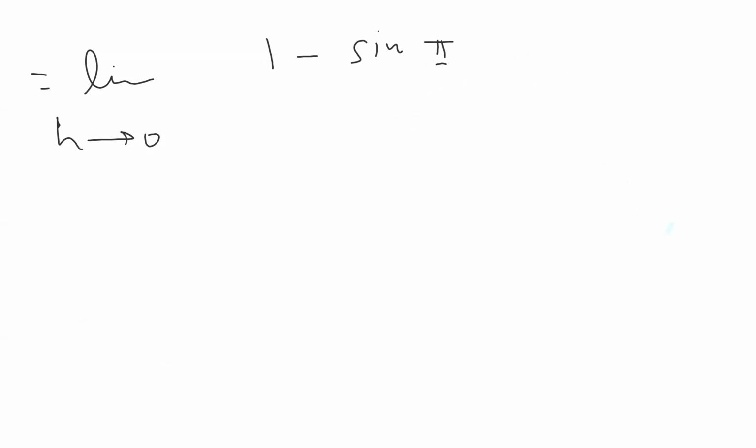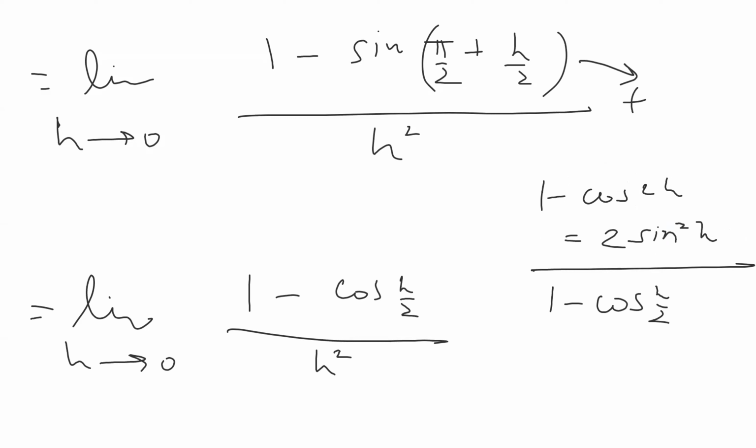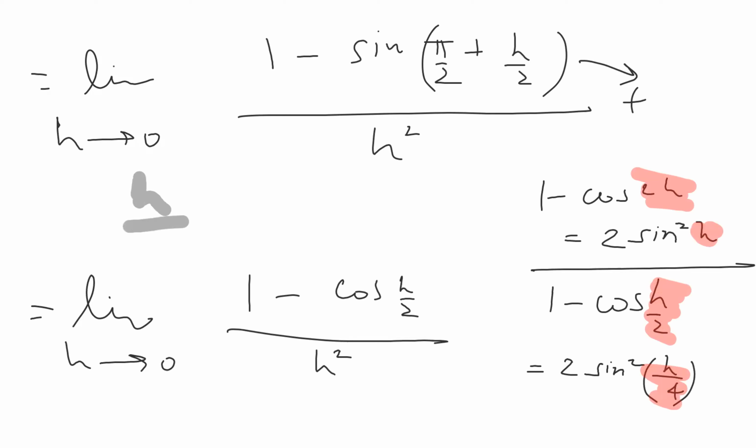Okay, now 1 minus cos 2h is equal to 2 sine square h. So 1 minus cos h by 2 is equal to 2 sine square h by 4. See, if 2h becomes h by the half angle, then the half of h by 2 is h by 4. h by 2 divided by 2, h by 2 into 1 by 2, which is h by 4. Fine.